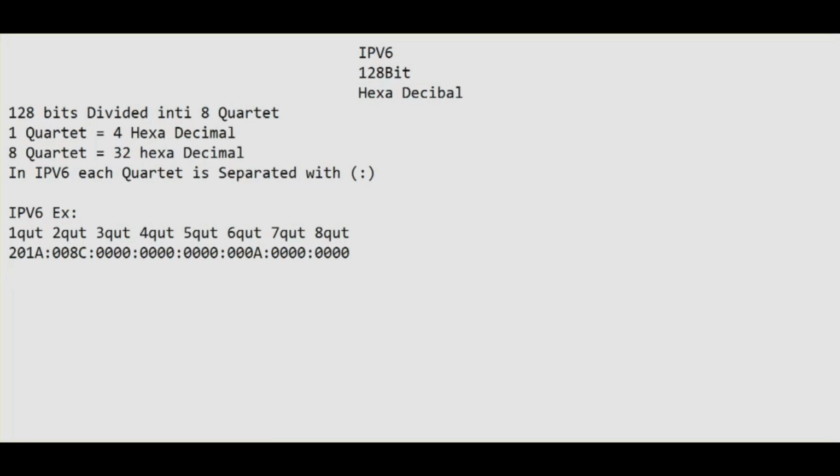Here, one hexadecimal digit equals 4 bits. Then 4 hexadecimal digits are equal to 16 bits, or we can say 1 quartet.